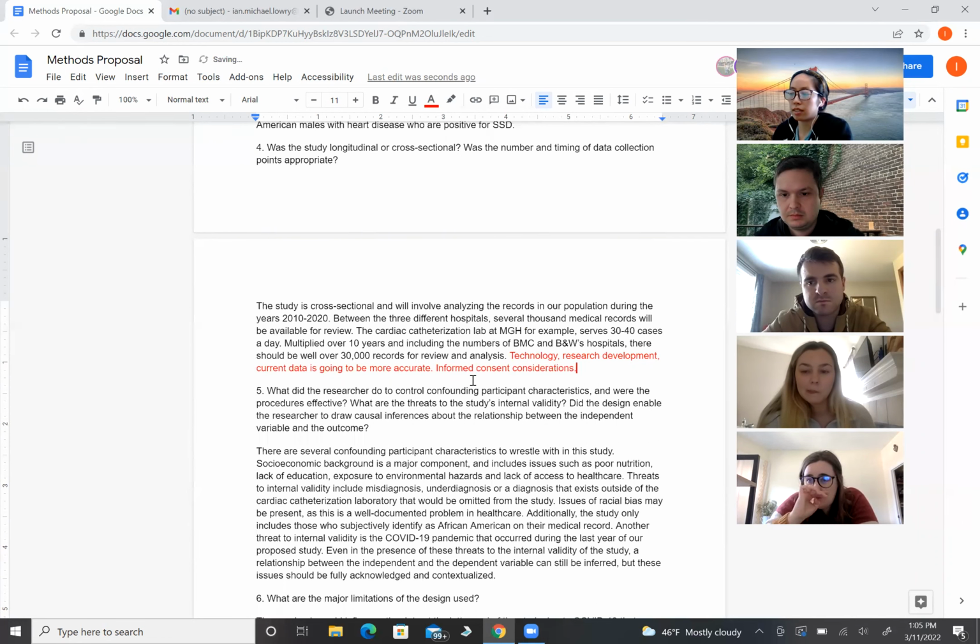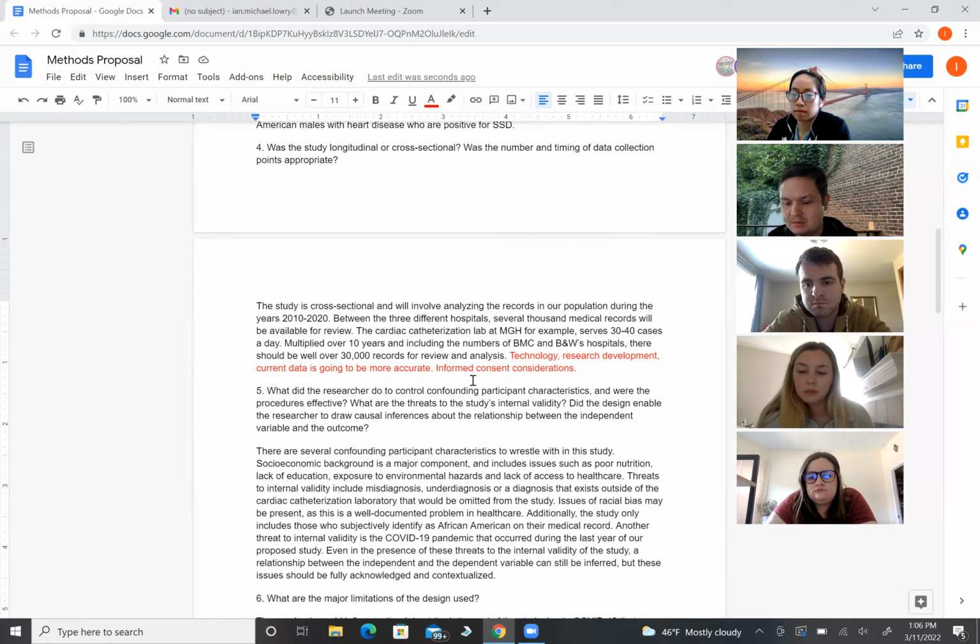So each visit, even if it's one patient, would be counted a different number of times. Yeah, so if we were doing this study starting now and going for the next decade, the informed consent process would probably look quite different than if we're gathering it retrospectively.